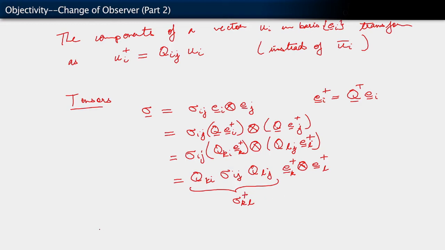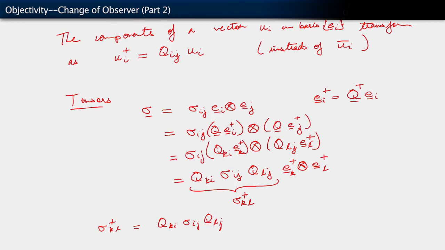So we see then that the transformation for the components is the following. Sigma plus is Q Ki sigma ij, where by sigma ij we mean the components of the tensor in the original basis, Q Lj. All right?